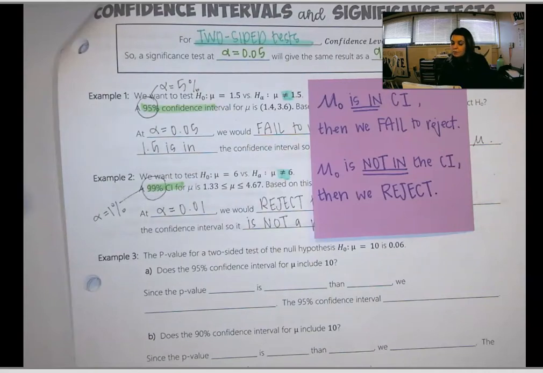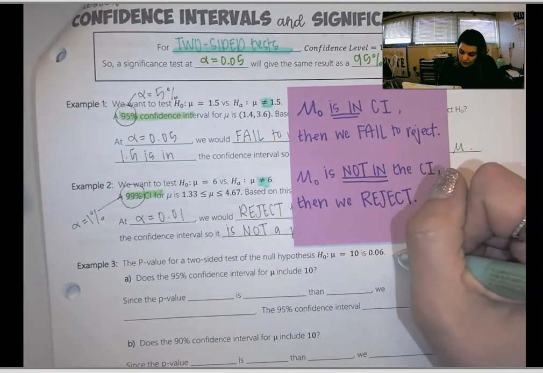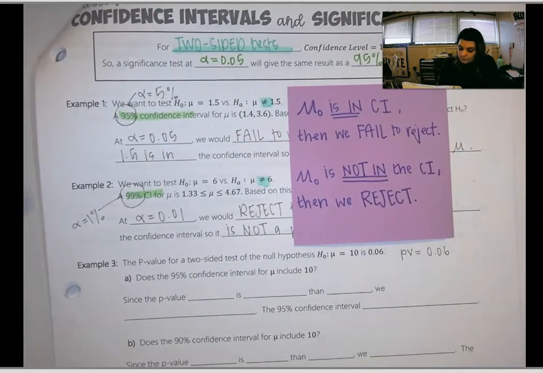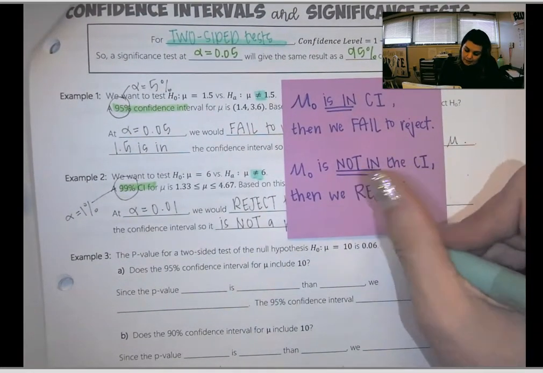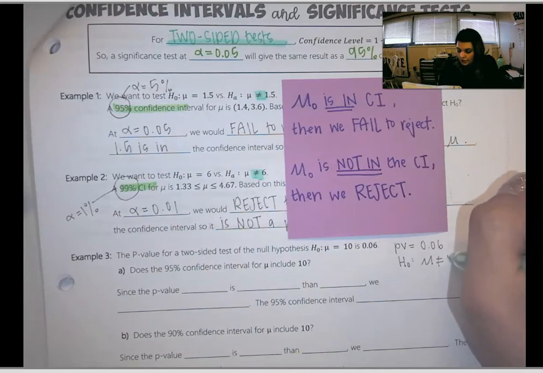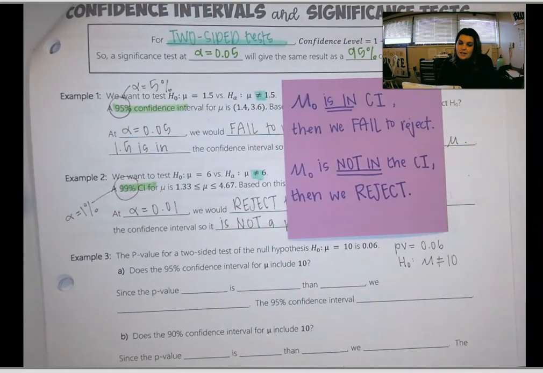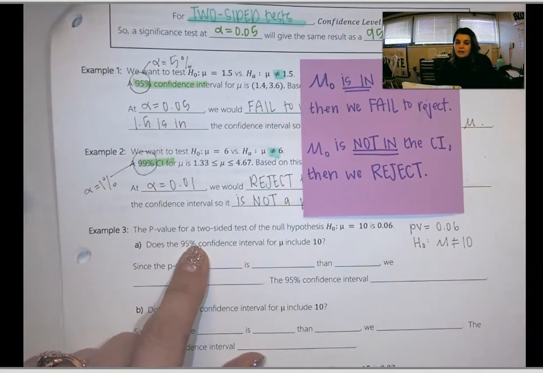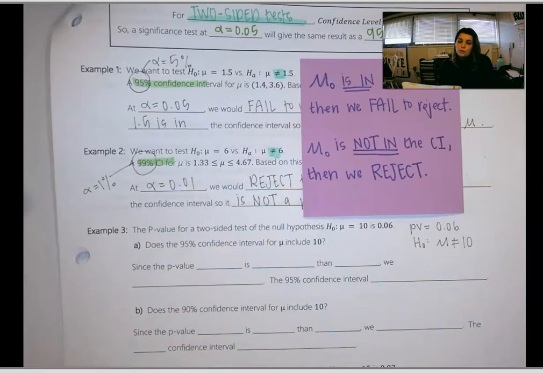So that's said a little bit weird, but what essentially they're telling us is that the p-value is 6%, and our alternative, you don't have to write this, but the alternative is that mu is not 10. It's different from 10. How do I know that? Because they tell me here it's a two-sided test. Does the 95% confidence interval for mu include 10?